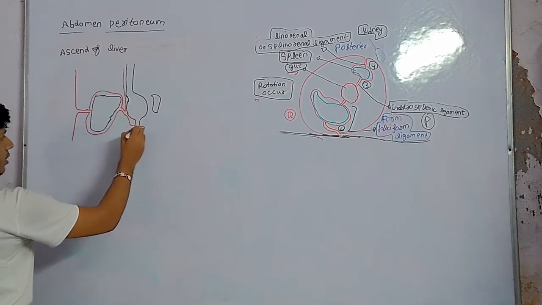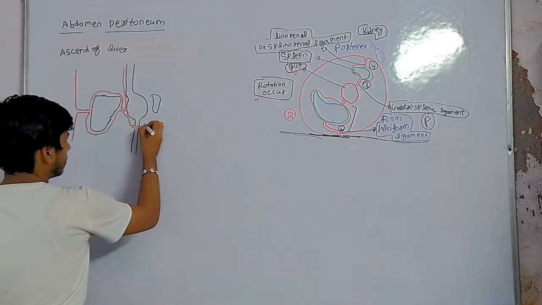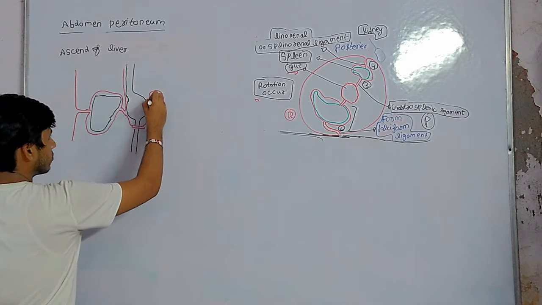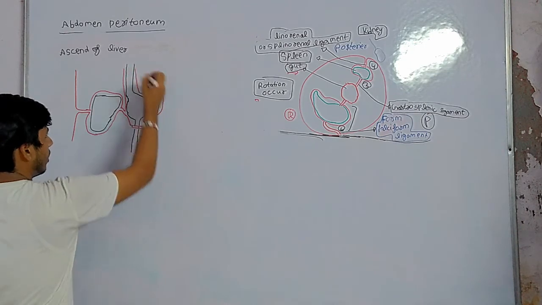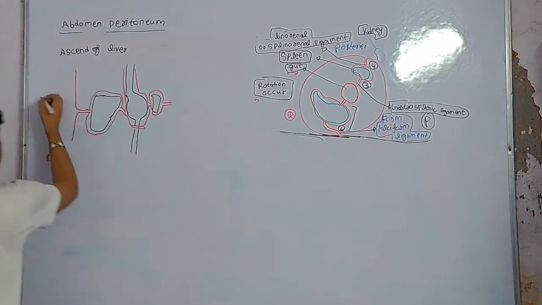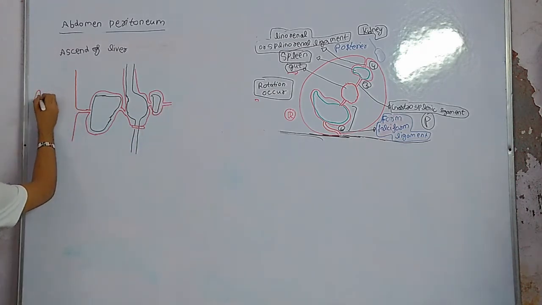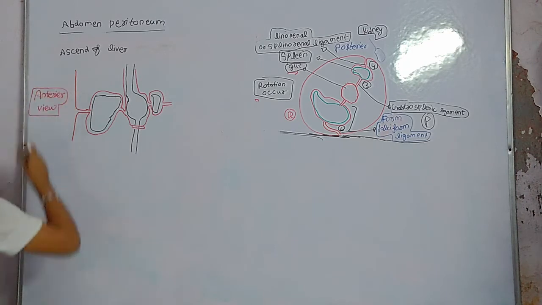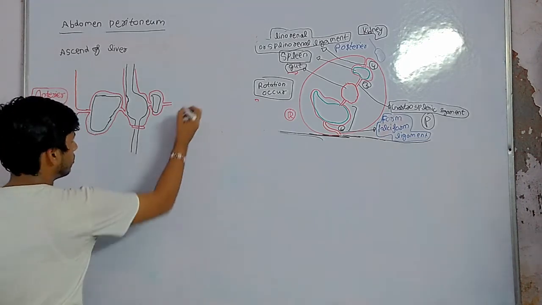Basically, we go posteriorly, completely covering the stomach. Then it goes to the spleen like this and continues posteriorly. This is anterior part, anterior because we have taken sagittal section. Anterior view. This is posterior view.